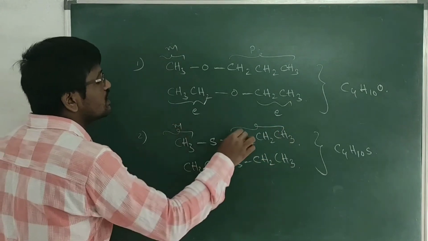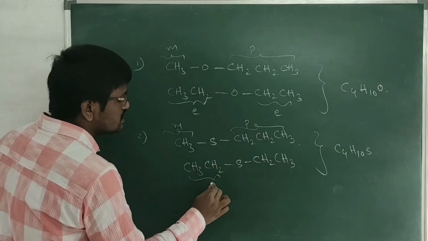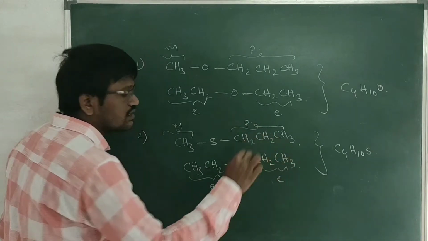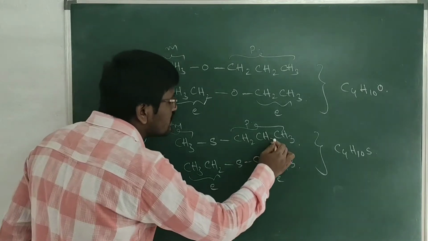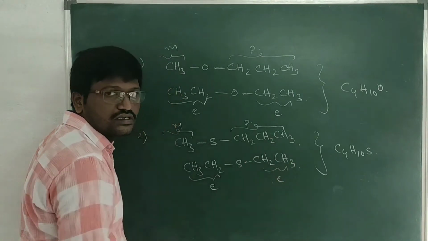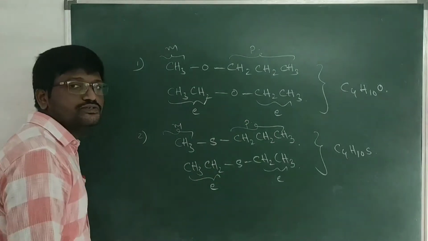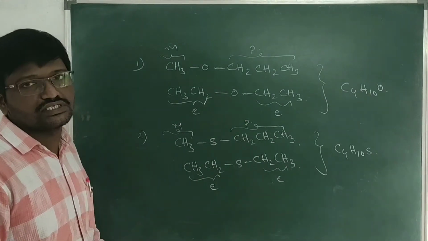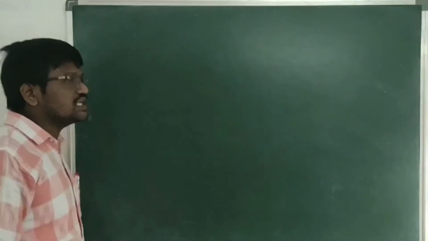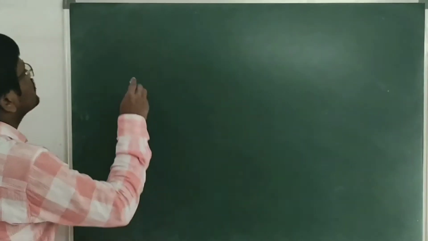That is methyl, this is propyl, this is ethyl, this is ethyl. Now left side alkyl groups are different, right side also alkyl groups are different. On both sides alkyl groups should be different to exhibit metamerism. So these are metamers. To exhibit metamerism, there is an important point.